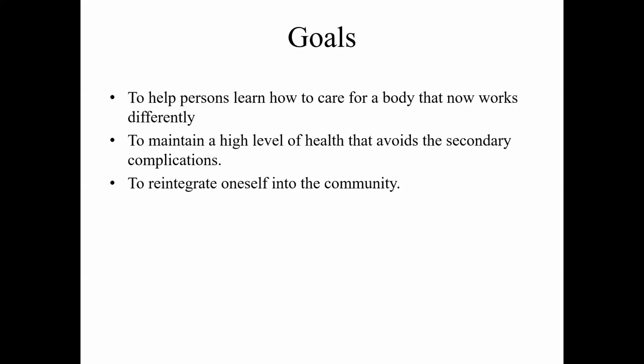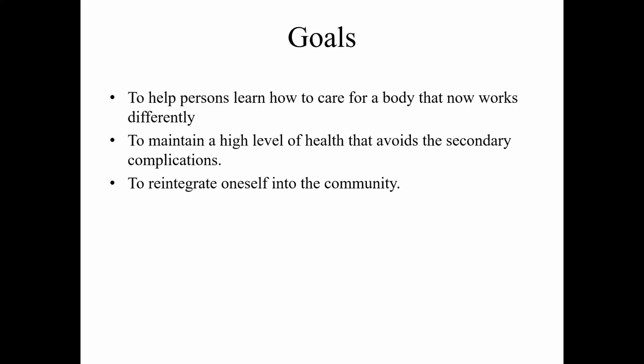So, first thing is we will help them to learn about their problems because of the disease, how the body is affected. The second one is we will help them to avoid the secondary complications due to the problem. Third is to help them come back to the society.